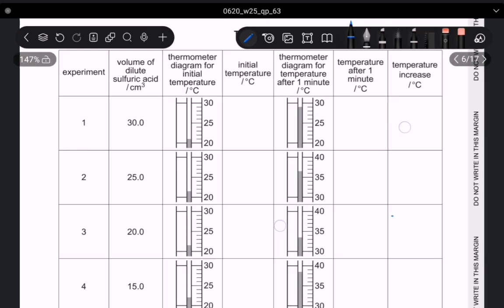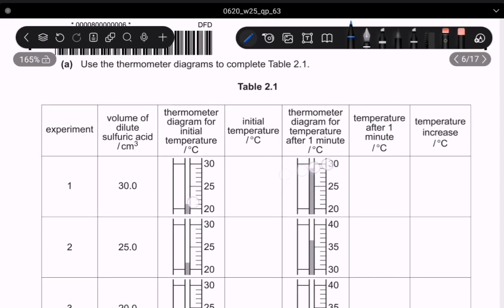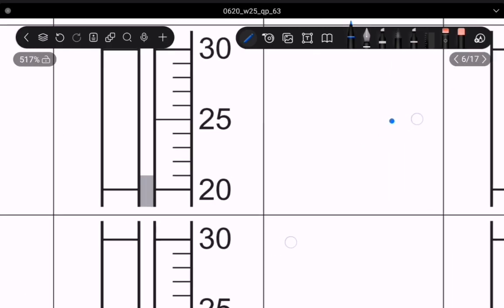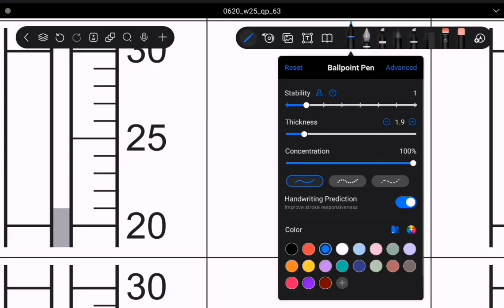Now we have volume of dilute sulfuric acid, and now we need to record the initial temperature and then temperature after 1 minute and the temperature increase. Okay, so the first is 21.0. Actually, always write 21.0.